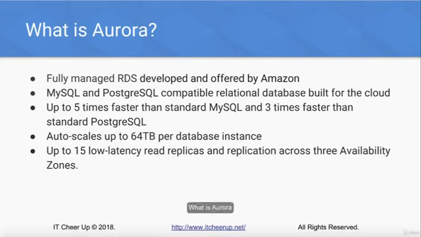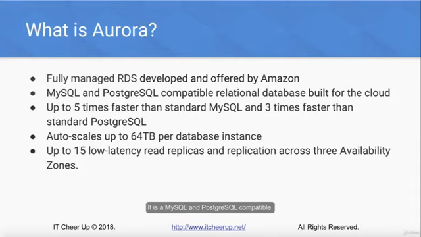What is Aurora? Aurora is a fully managed relational database service developed and offered by Amazon. As with other DB engines in RDS, Amazon takes care of time-consuming administration tasks like hardware provisioning, database setup, patching, and backups.